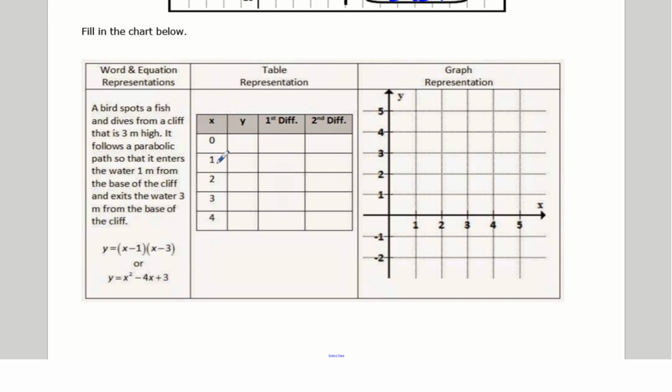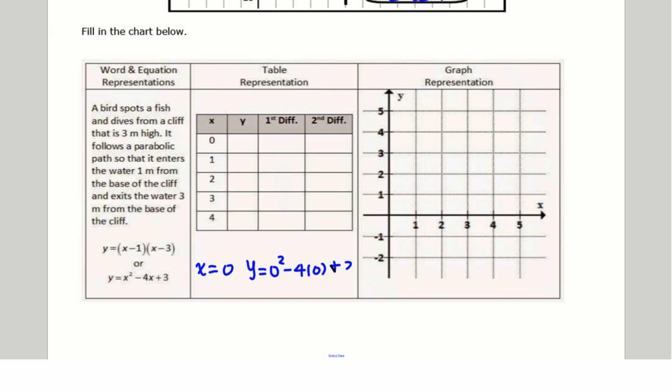So we create a table of values by substituting x values into either the factored form or the standard form. For x equals 0, if you use standard form, y is 0 squared minus 4 times 0, plus 3.